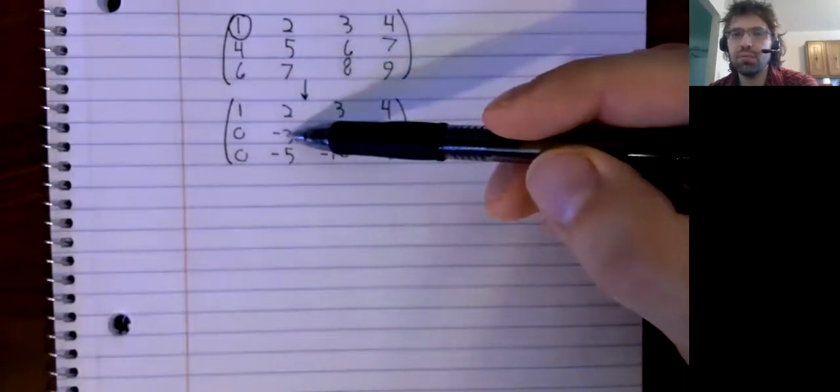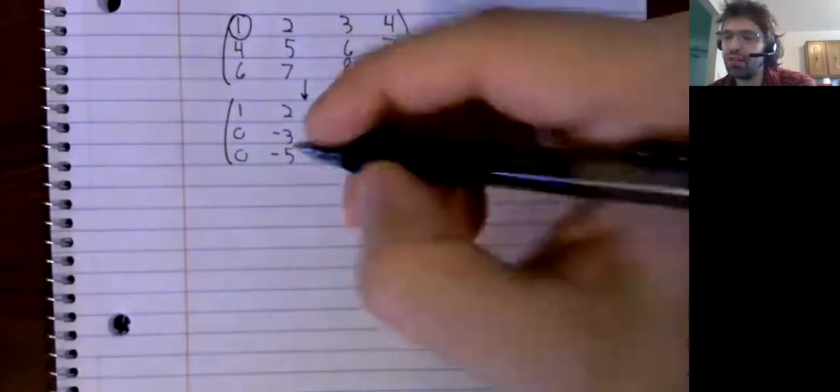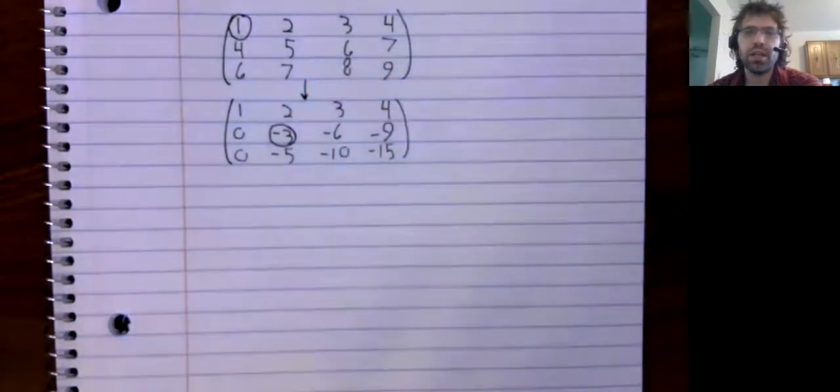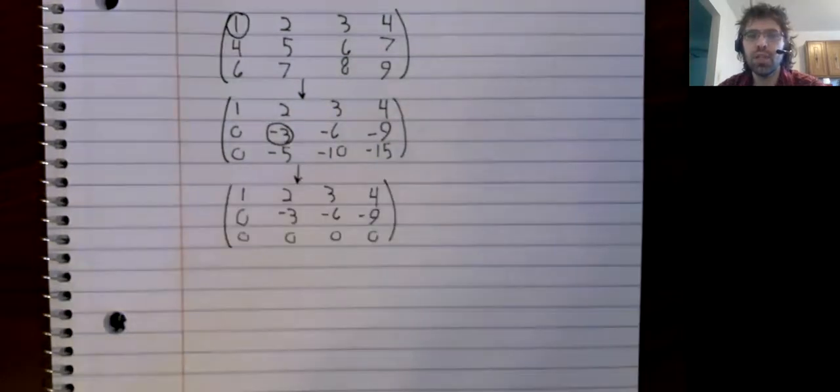We then moved down and to the right from this entry to this -3 and used it to eliminate everything below it. This is in row echelon form, but not reduced row echelon form.